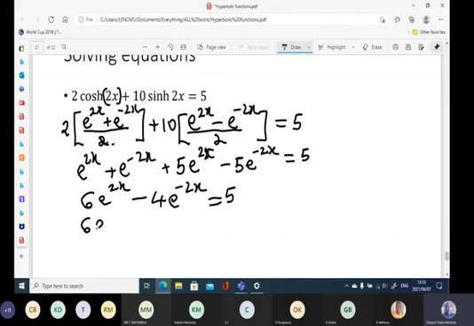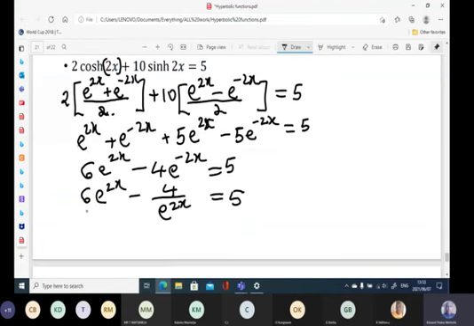Now we solve for x. So this gives me what? If we multiply here, we have 6 e to the 4x plus 4, just to complete it. Okay, write it in a quadratic.